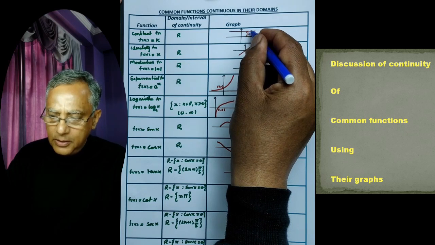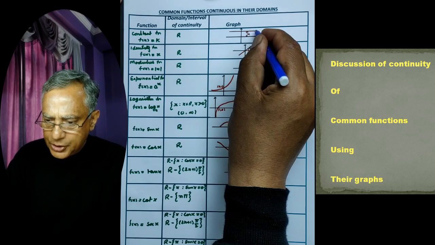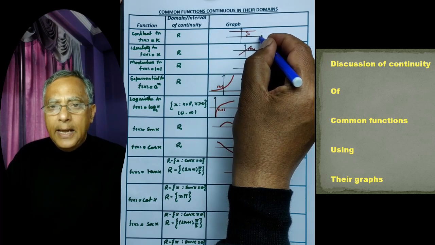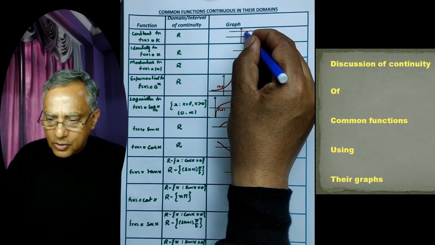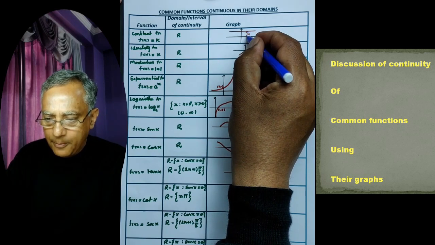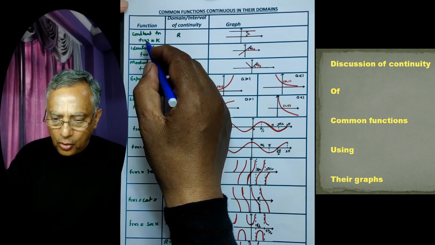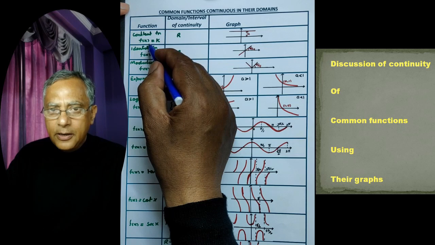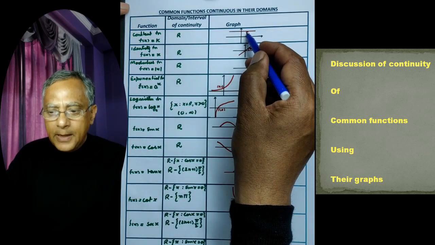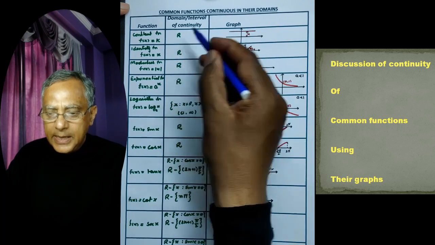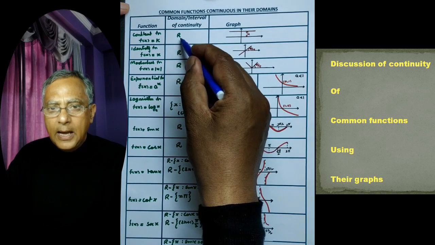So this function will have a graph which is a straight line parallel to the x-axis. Distance of each point on this graph from x-axis will be k. So for constant function, domain is R and graph is this, and this function is continuous at each and every point of its domain R.